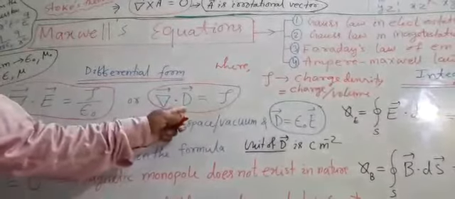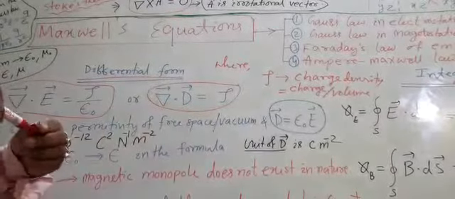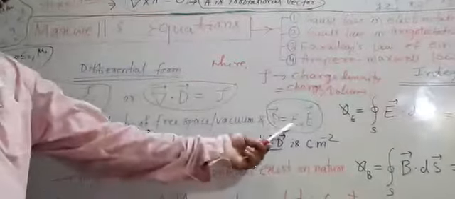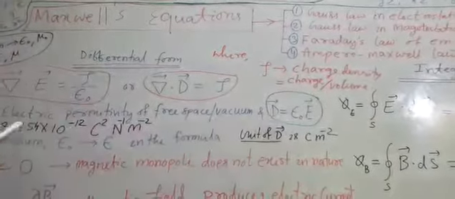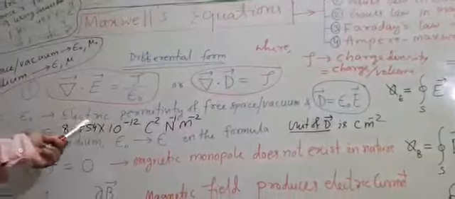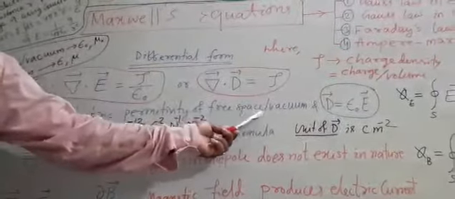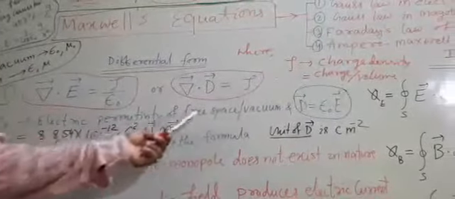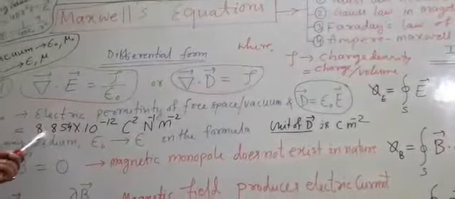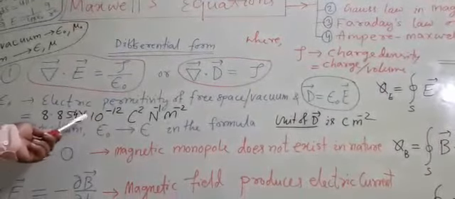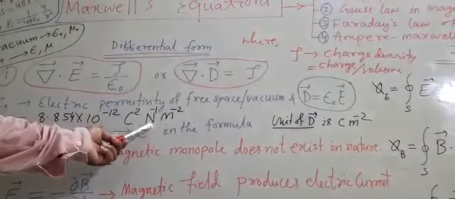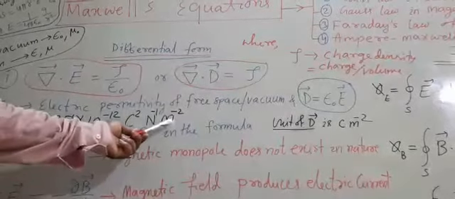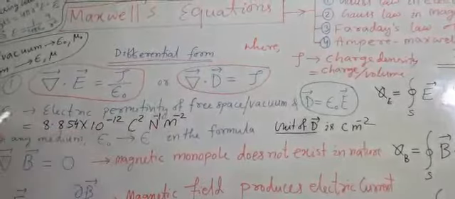Here D is the electric displacement vector, and D is equal to epsilon naught E, where epsilon naught is the electric permittivity of free space or vacuum, and its value is 8.854 times 10 to the minus 12 coulomb square Newton inverse meter to the minus 2.